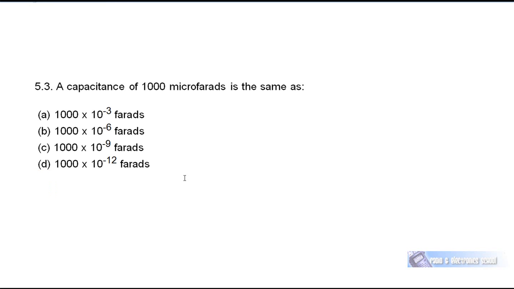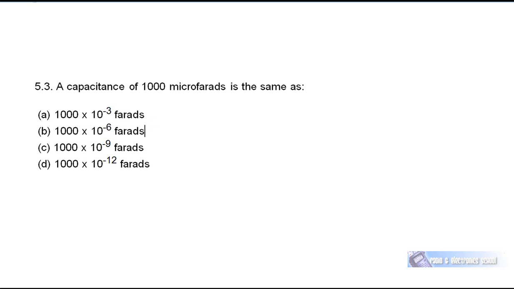Question 5.3. A capacitance of 1000 microfarads is the same as, well, micro means 1,000,000th, and 1,000,000th is 10 to the minus 6. So that's 1000 microfarads.